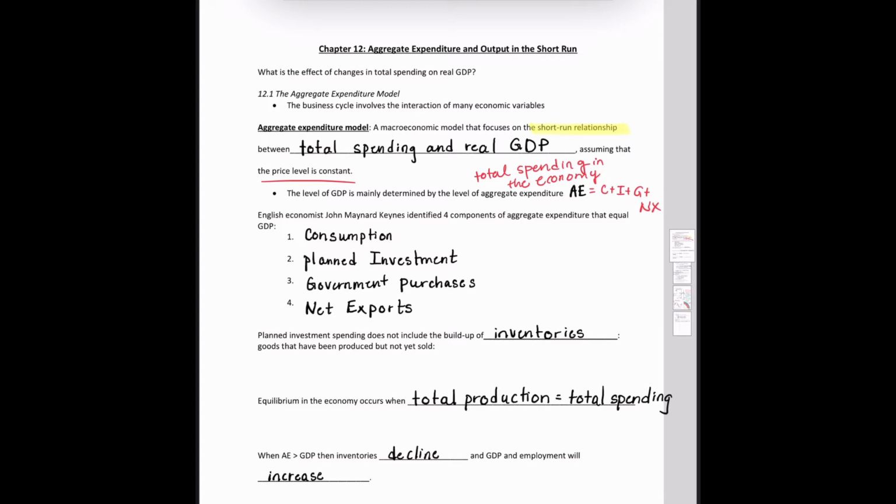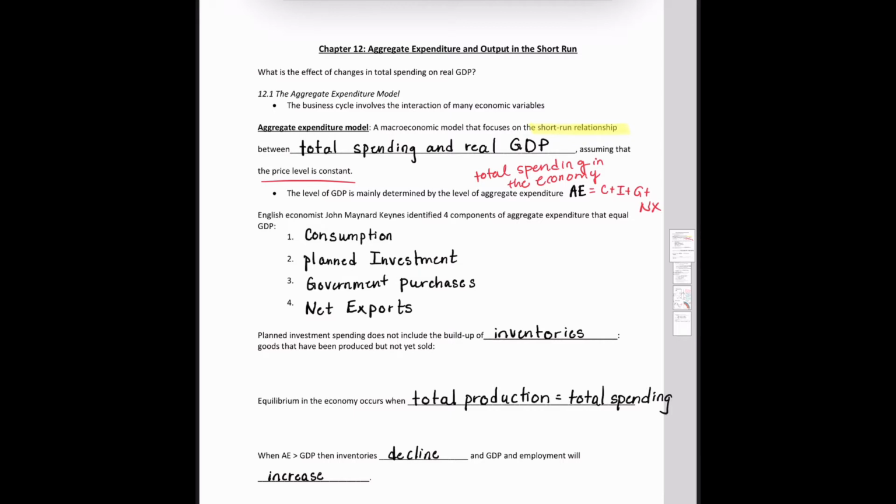The economist that identified these 4 components was John Maynard Keynes. He is the founder of what's called Keynesian economics, and these 4 components relate to the components of GDP we talked about earlier.